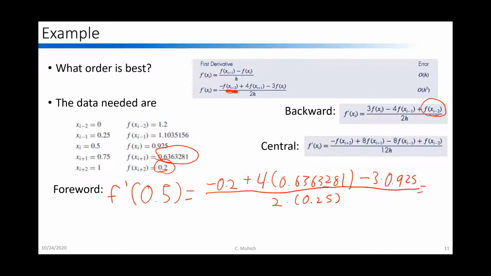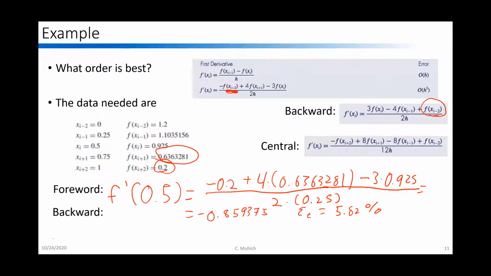I can do this all out and I get negative 0.859375. This gives me a true error of 5.82%.